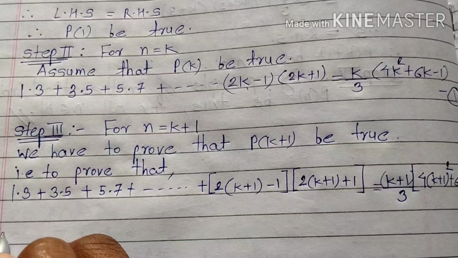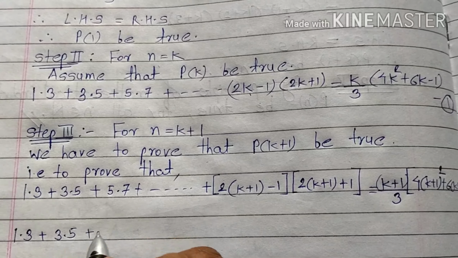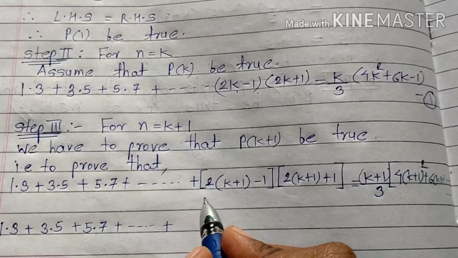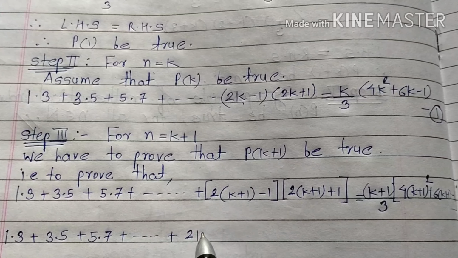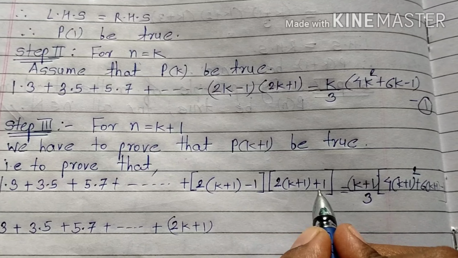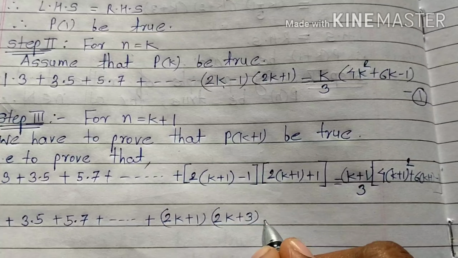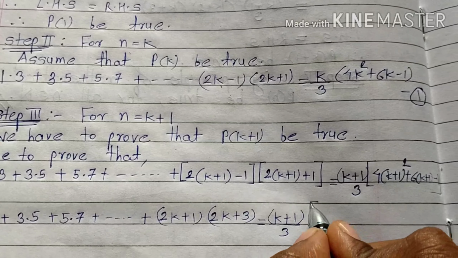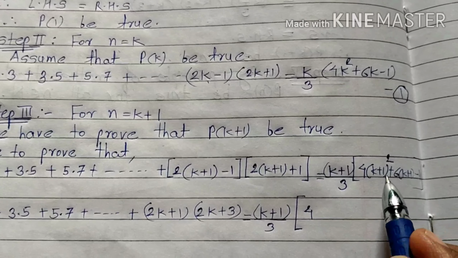Now next, here multiply: 2k plus 2 minus 1, so it is 2k plus 1, and here 2k plus 2 plus 1, so it is 2k plus 3, which is equal to (k plus 1) upon 3, and we have to solve here. (k plus 1) means (a plus b) whole square.